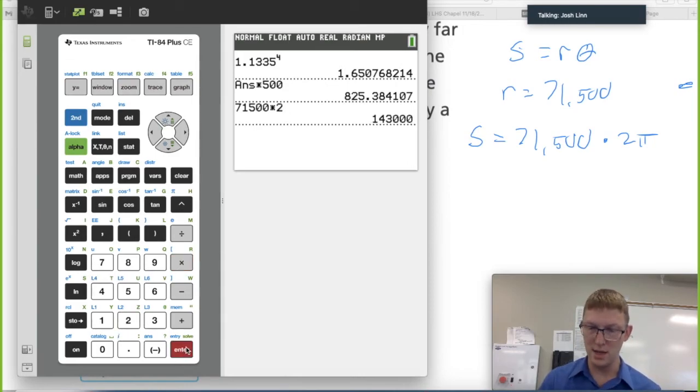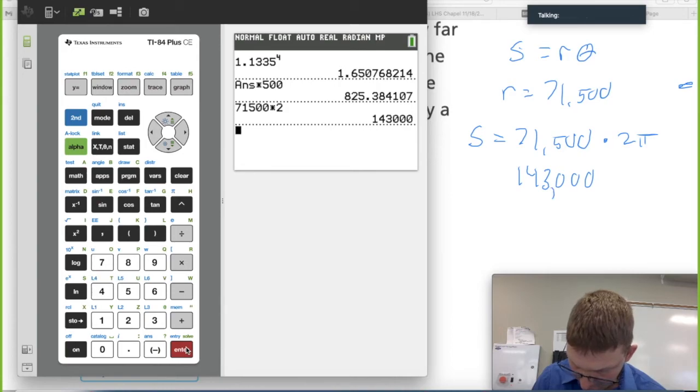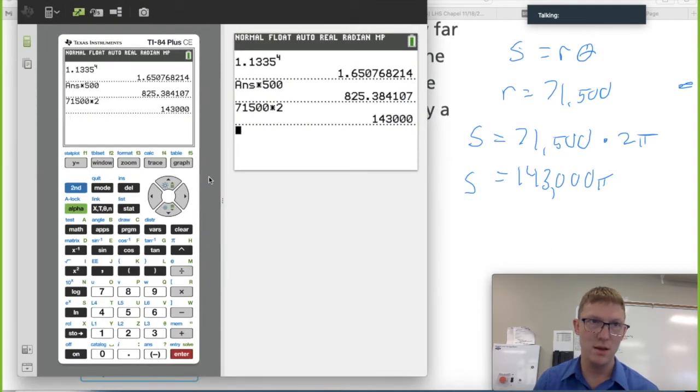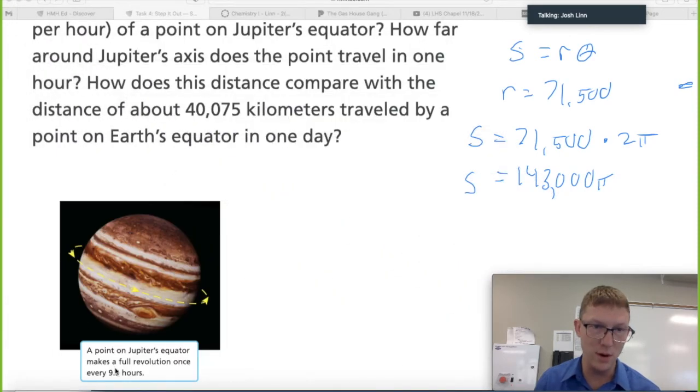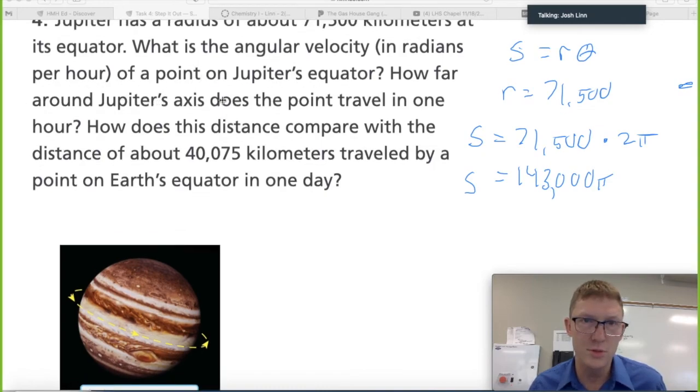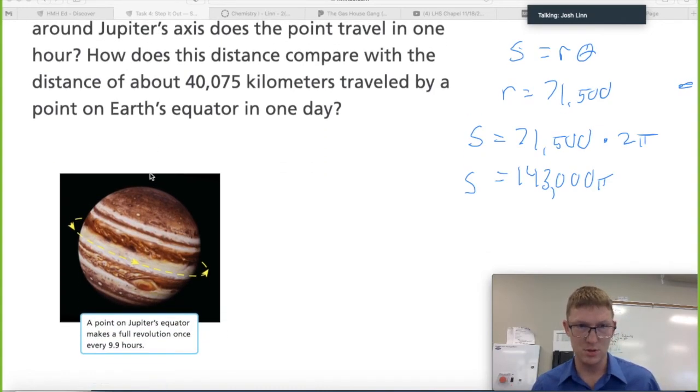Again, we're going to leave the pi in the answer. 143,000 pi equals S. So then we also know that the point on the equator makes 1 full revolution every 9.9 hours. So how far around Jupiter's axis does the point travel in 1 hour? They want it in hours, so we'll keep it in hours. That's totally cool.